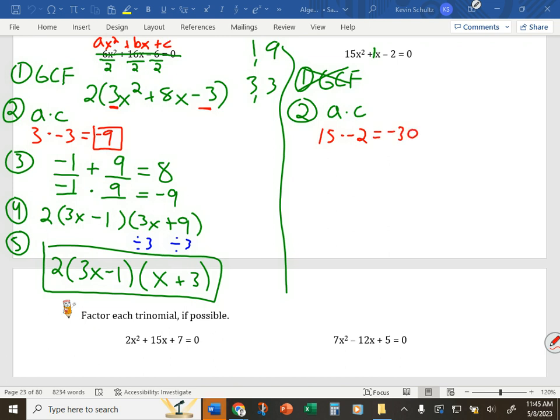If you need it, there's help to get you started. There's your a and c term. And here's what your number puzzle should look like. That -30 we get from step 2, that's where this is used, immediately again in step 3.